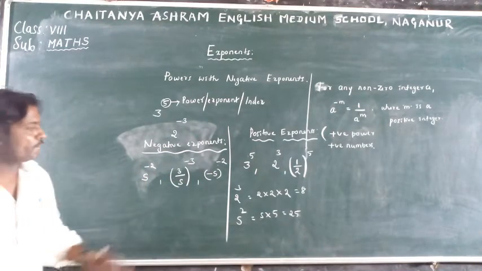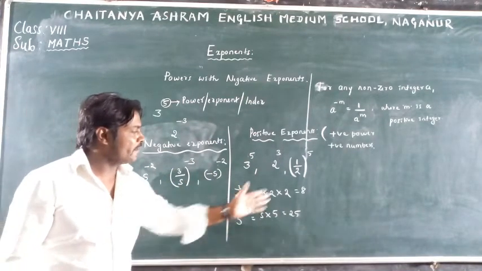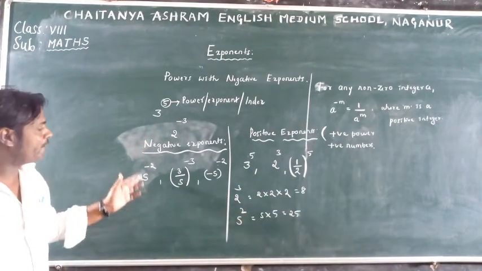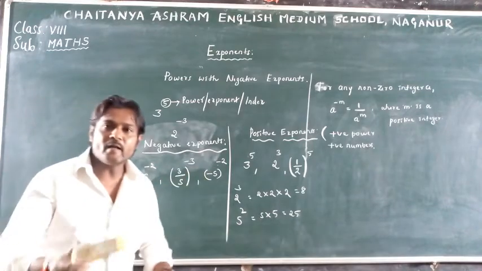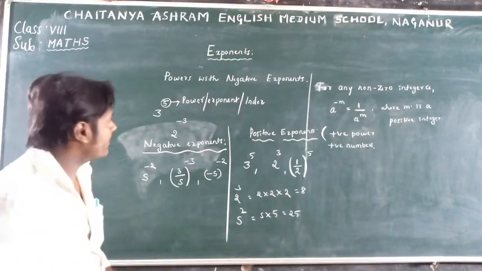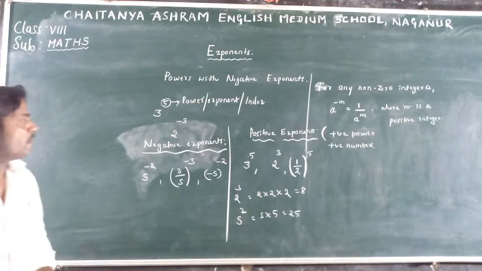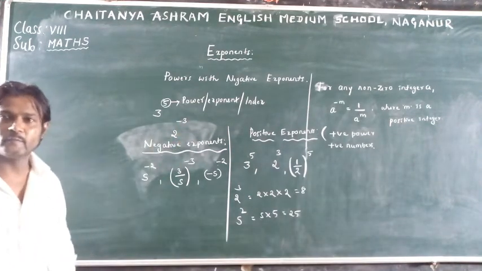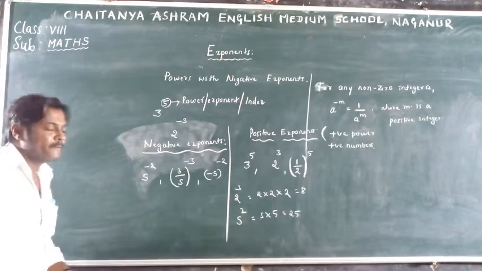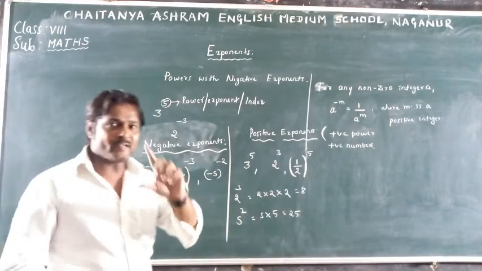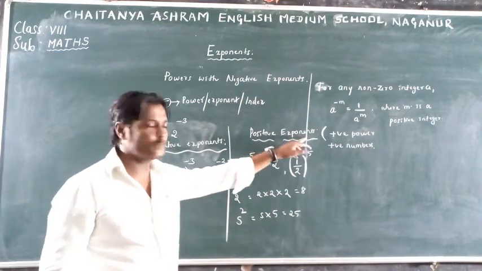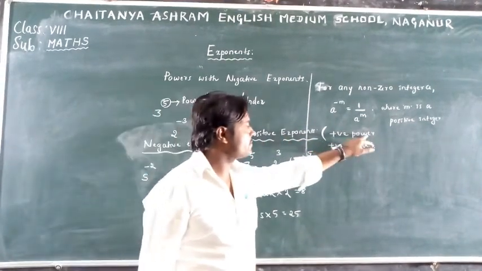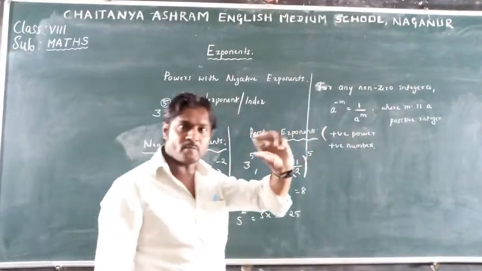Clear? So finding the value of positive exponents is easy, while finding the value of negative exponents is a little difficult. Today we learn how to find the value of a negative exponent. So, dear children, exponents are of two types: positive exponents, which have positive numbers as powers, and negative exponents, which have negative integers as powers.